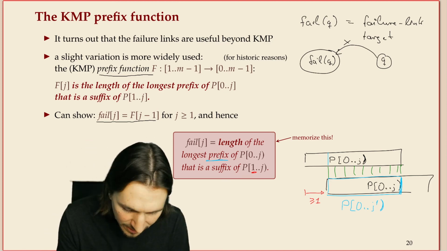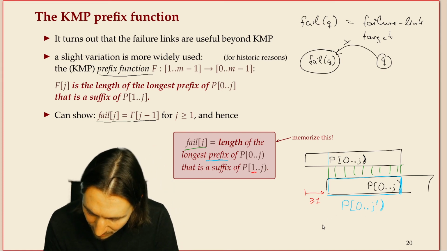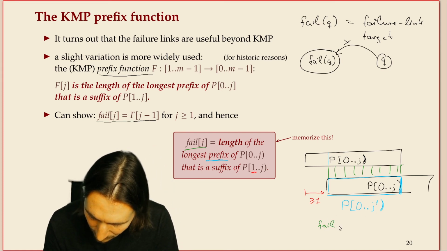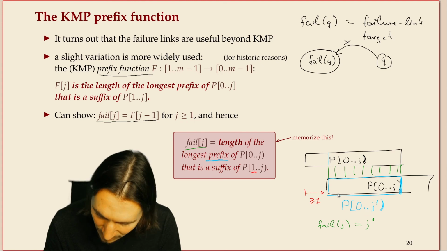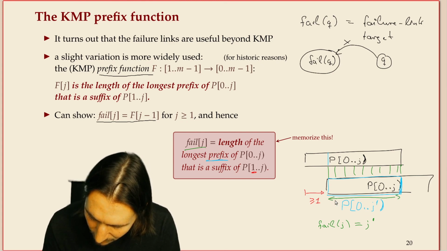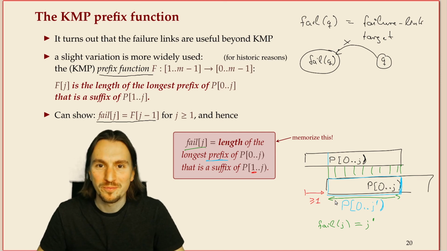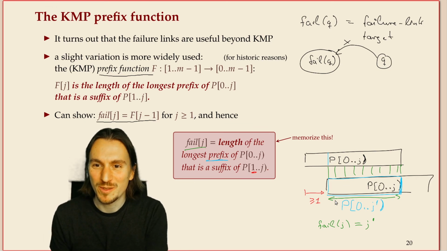And then finally, fail j is just the length of this thing, and that is nothing but this j prime. So it's this length. It's the length of the overlap. Okay. This is all I want to say about the prefix function.